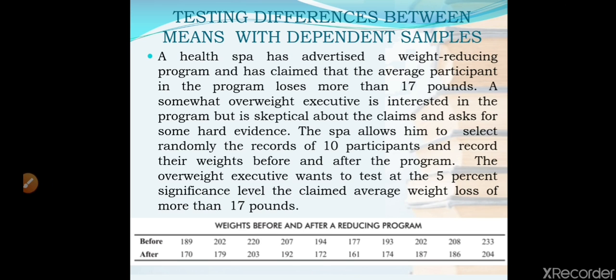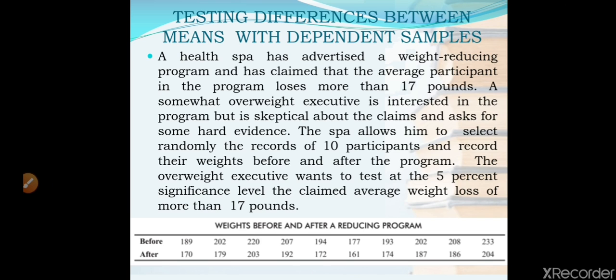A health spa has advertised a weight reducing program and has claimed that the average participant in the program loses more than 17 pounds. A somewhat overweight executive is interested in the program but is skeptical about the claims and asks for some hard evidence. The spa allows him to select randomly the records of 10 participants and record their weights before and after the program.